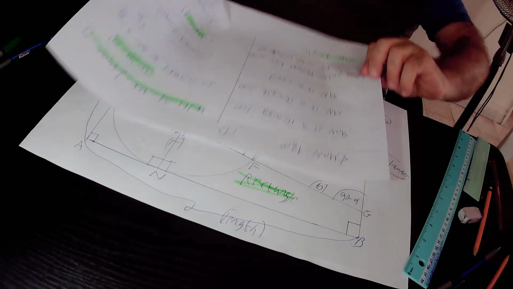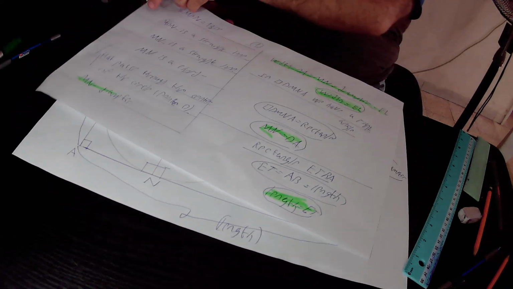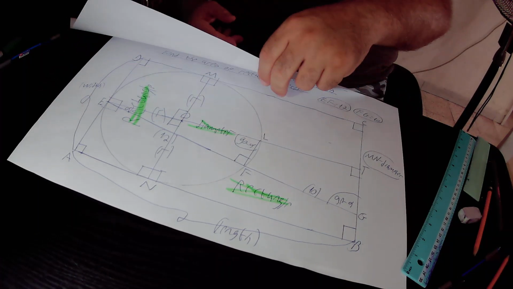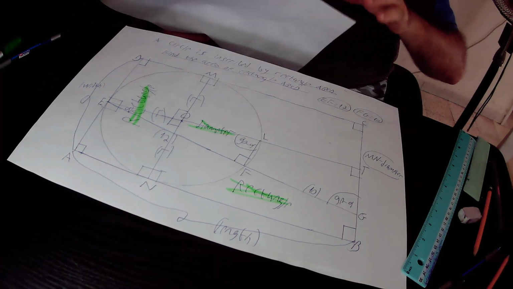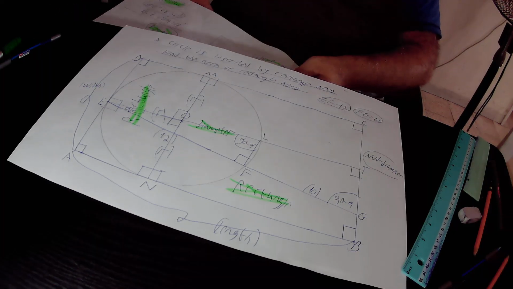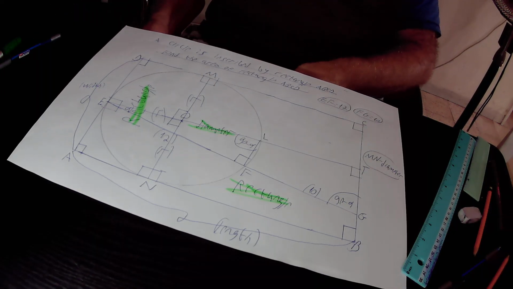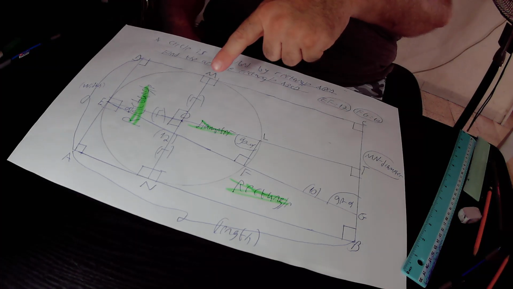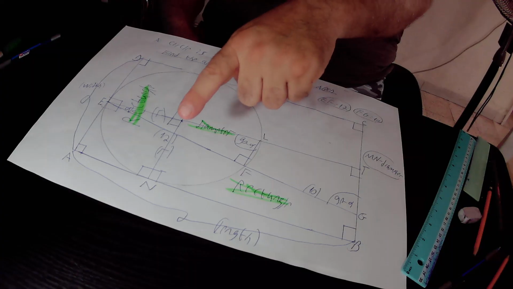Again, we found out that MN is the diameter of the circle, which is a straight line.